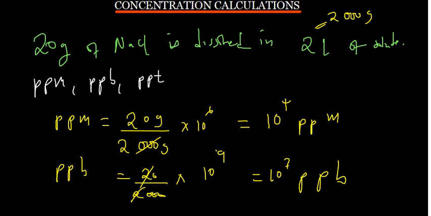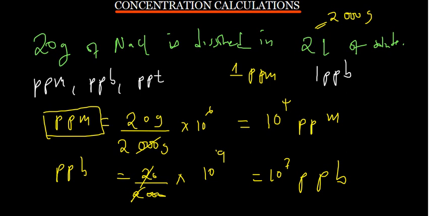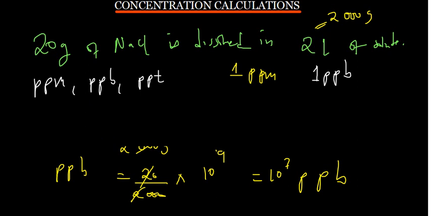So from here, you should be able to determine which one is bigger. Is it parts per million or parts per billion? So which one is bigger? If we say 1 part per million and 1 part per billion, which one is bigger? What would you say if it were you? Which concentration is bigger? Like which one is a more concentrated solution? 1 part per billion or 1 part per million?